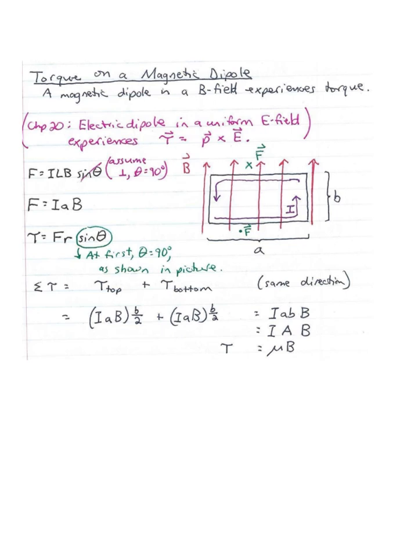And you can go back to chapter 20 to review that. But I want to look for now, how is a magnetic dipole affected? How is it torqued in a magnetic field? And I want to think about this.